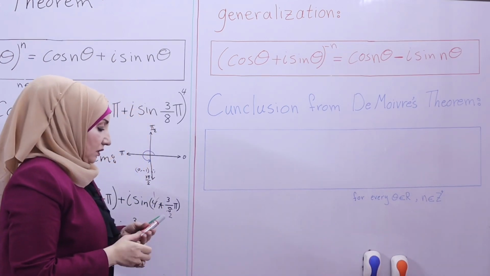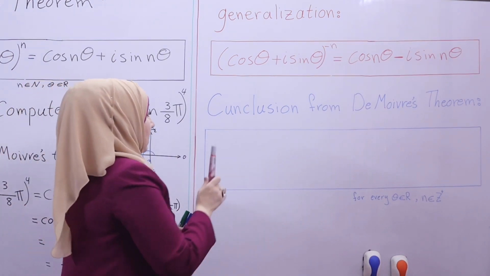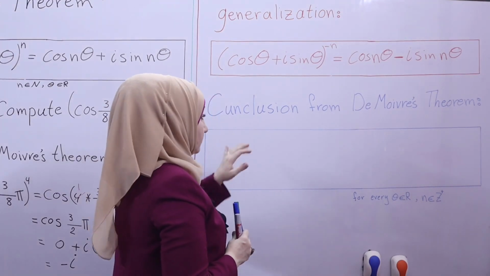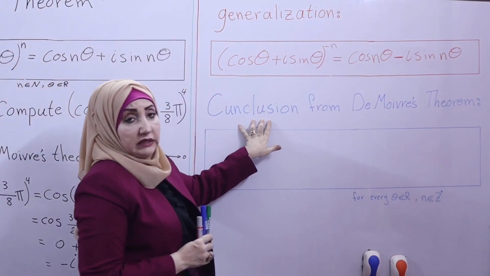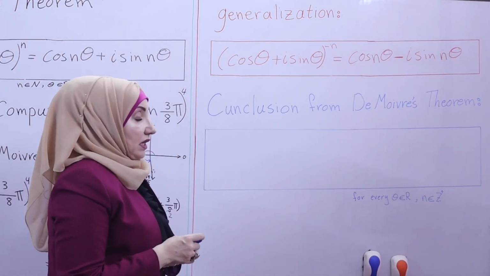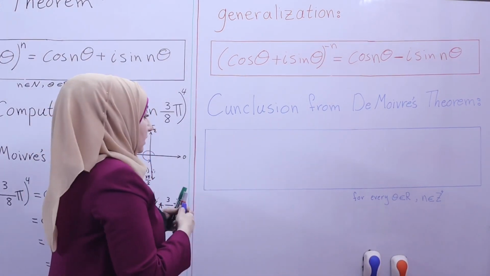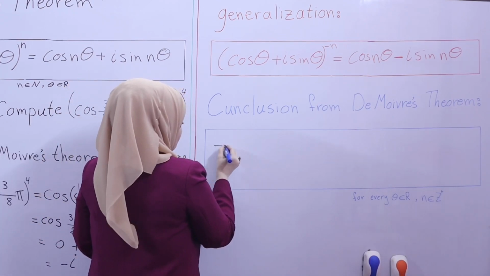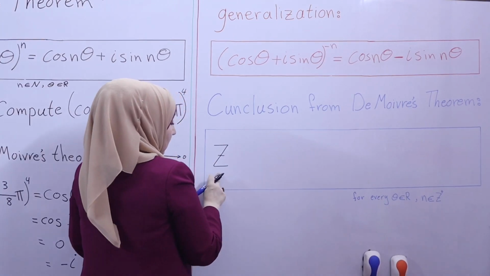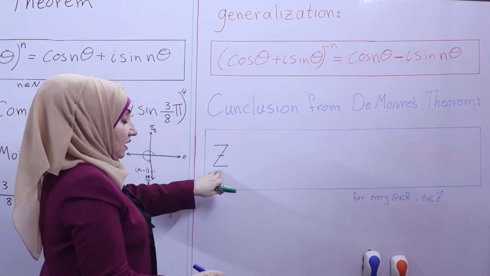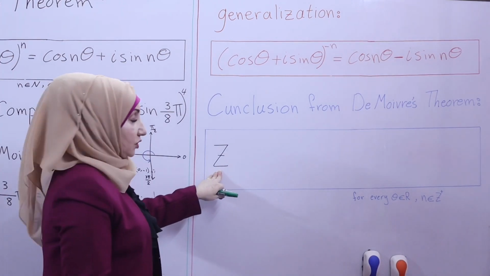And now we will have a conclusion from DeMoivre's theorem. هنا عندنا استنتاج أو نتيجة لمبرهنة ديموفر. هنا نركز. If we have Z a complex number in the polar form. إذا كان عندي Z هو عدد مركب بالصيغة القطبية.